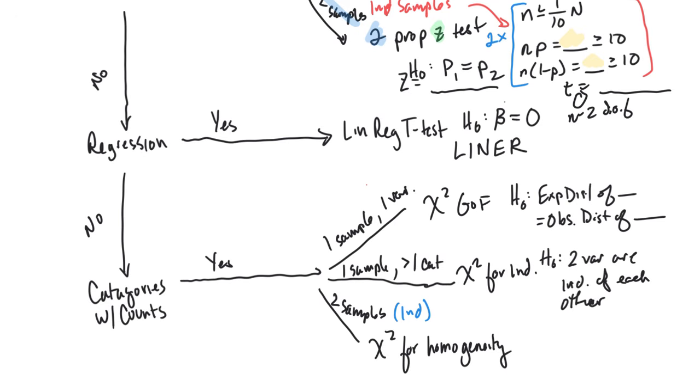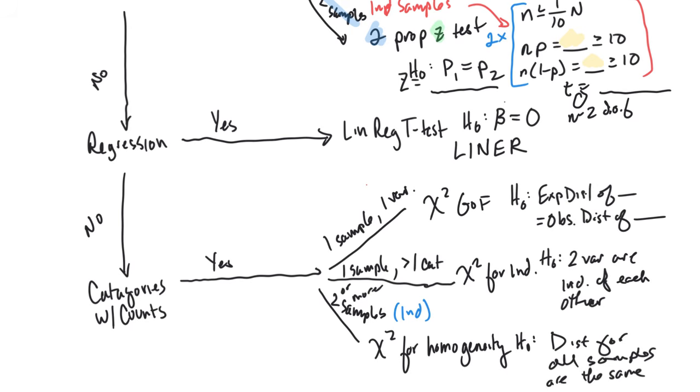And for homogeneity, it's that the distribution for all samples is equal, is the same. I should have said you could have two or more samples if you wanted. You'd assume, I collected data on men and women, and I expect the distribution to be the same for the genders, something like that.